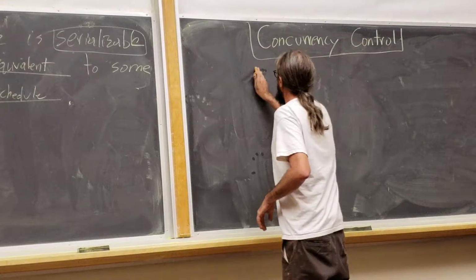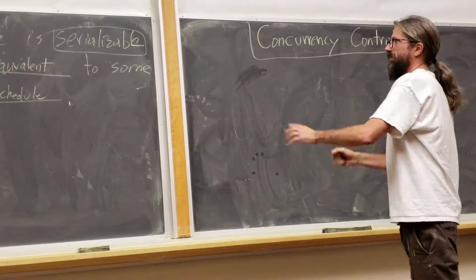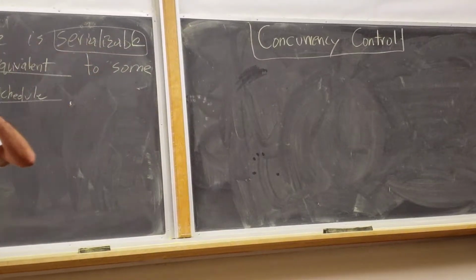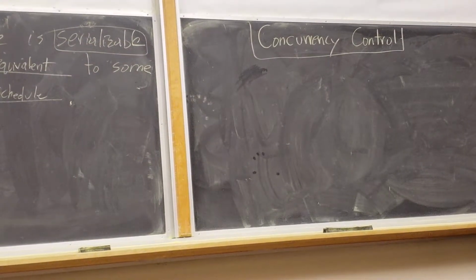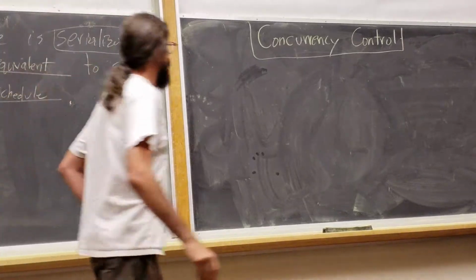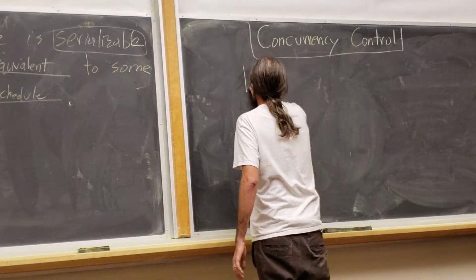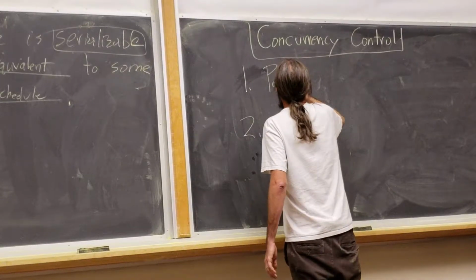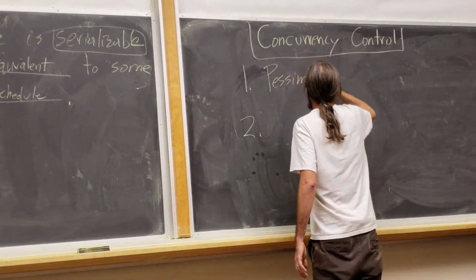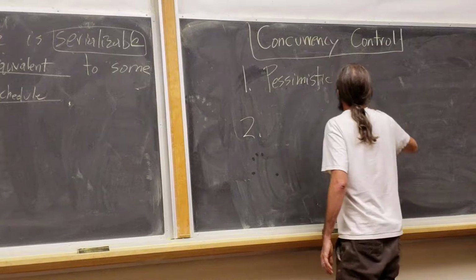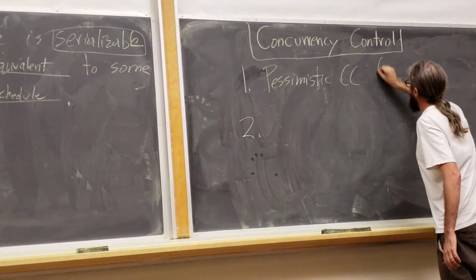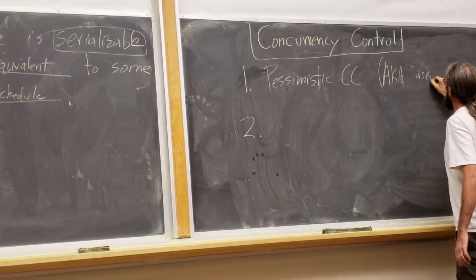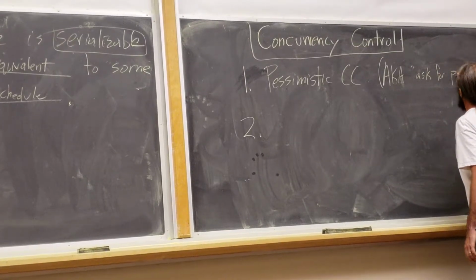Okay, so a concurrency control mechanism is a mechanism that ensures that unserializable schedules are prevented, either by making transactions wait or aborting them. Make sure that unserializable schedules don't happen. Concurrency control, broadly speaking, comes in two forms. What you might call pessimistic concurrency control, which I like to equate with asking for permission.